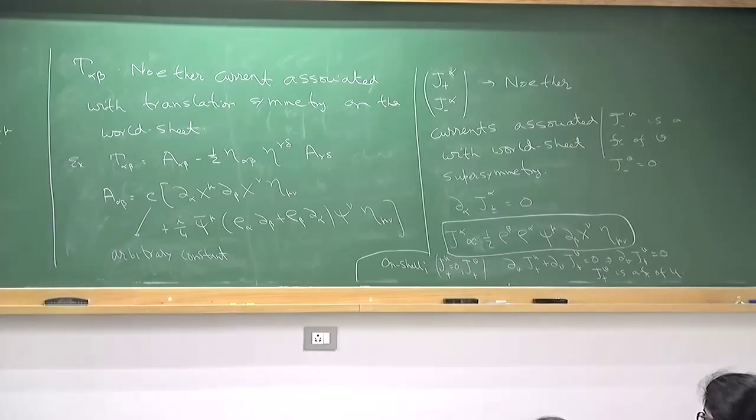So in superstring theory, we impose the constraints T alpha beta equal to 0 and J plus minus alpha equal to 0.